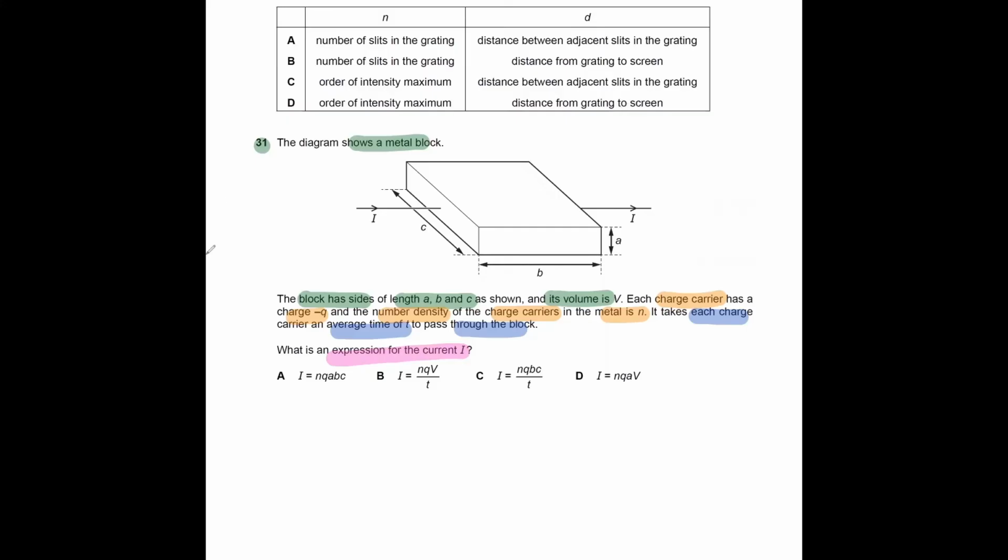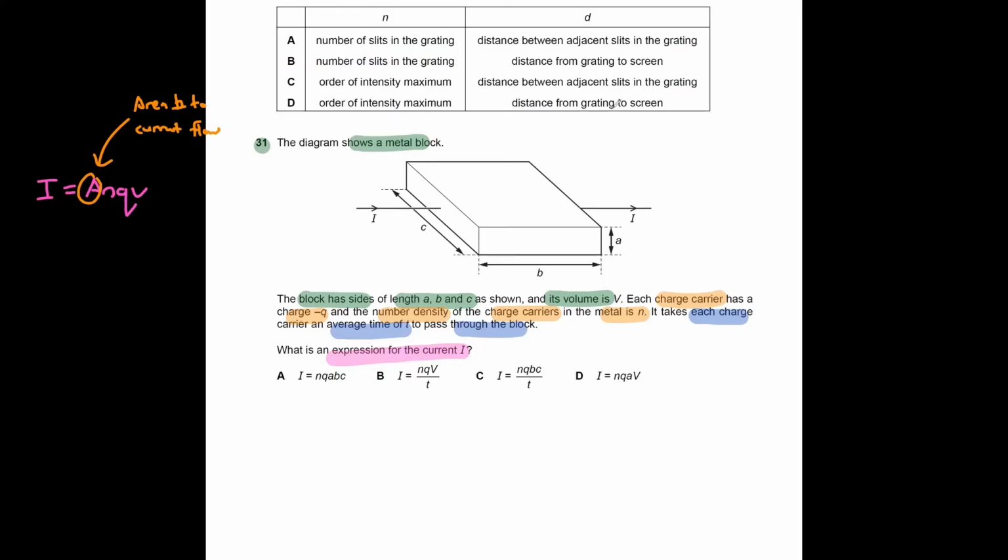Okay, now this one, when you see mention of number density and current, the first thing that should come to your mind is this equation: I equals A N Q v. Okay, so there are certain things here to note. When you're talking about this A here, this one is actually the area perpendicular to current flow.